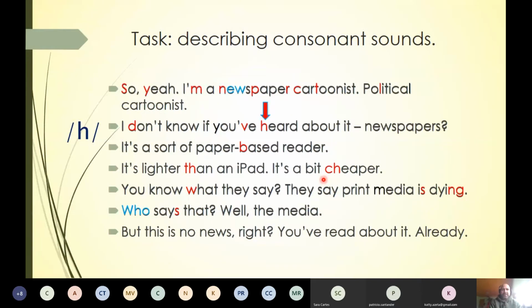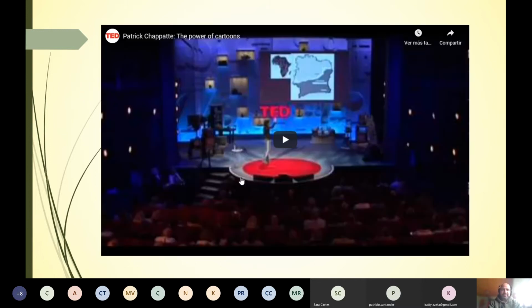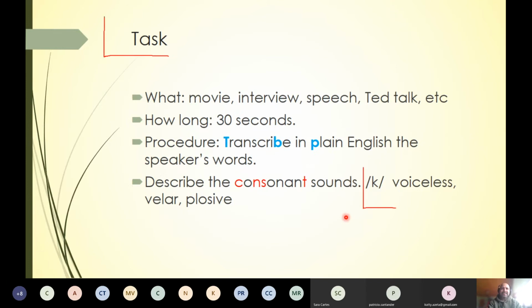So select very carefully the section or the extract of the movie or the song or the speech or TED talk, considering that sometimes movies have very interesting scenes, very suspenseful, but whenever we have a suspense, it's like waiting a lot for something to happen.